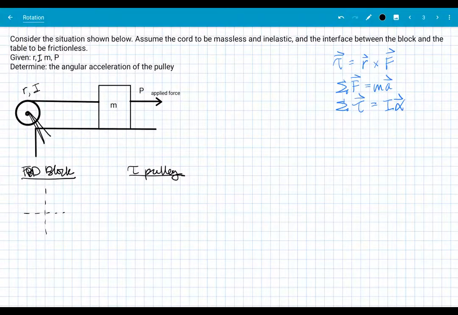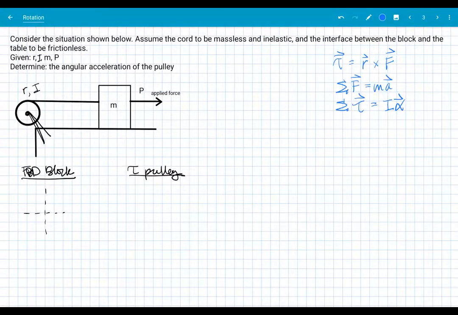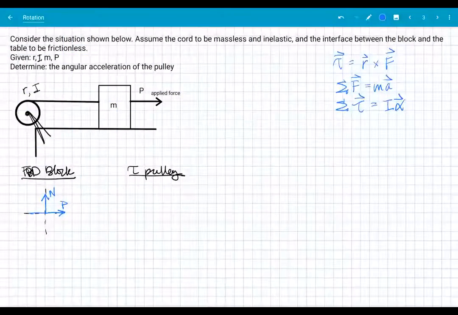So if I look at my block here, identifying forces, what are the forces on my block? I have the applied force that's given, being called P. Normal force from the surface underneath the block. There's no friction, so that surface is not exerting any friction. That's it for the surface touching it. The only other thing in contact is this cord going to the left.